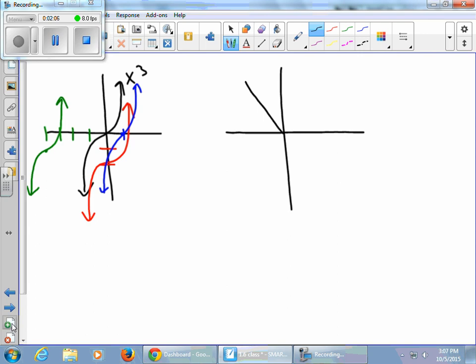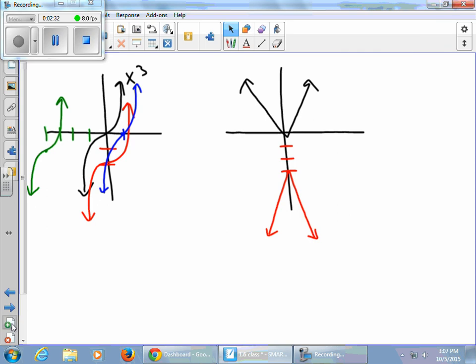We should all know that's our V shape. So first one is stretched by 2, flipped over the x and down 3. So if you really think of what that's going to look like, it's going to be skinnier, upside down, down 3.